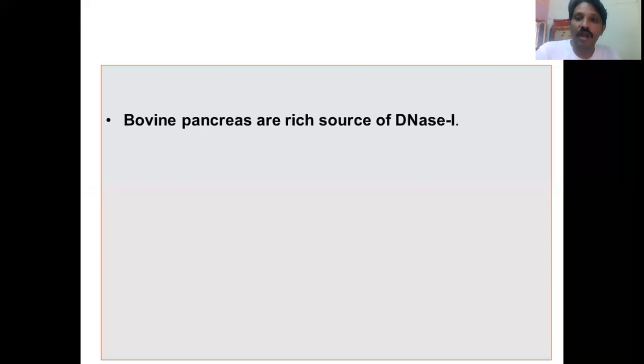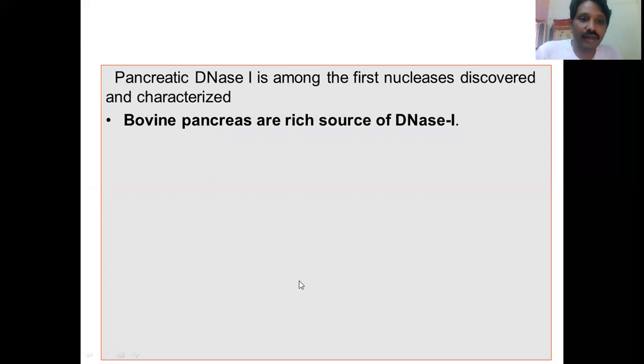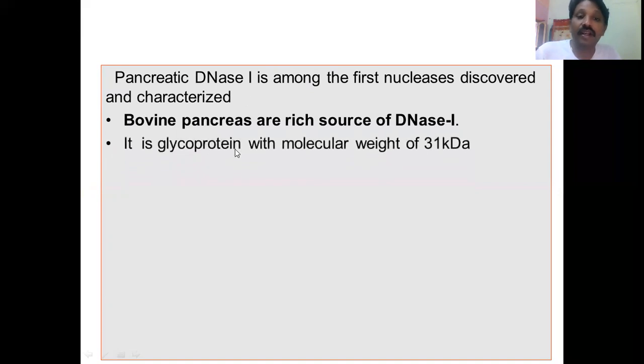Then, as I told you, the pancreas is a rich source of DNase I. Pancreatic DNase is among the first nucleases discovered and characterized. It's a glycoprotein with a molecular weight of 31 kDa.